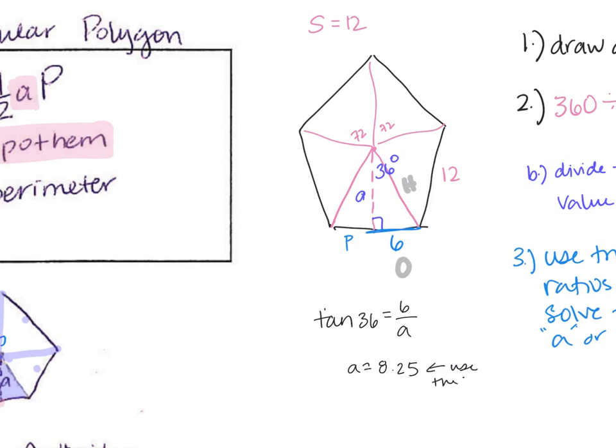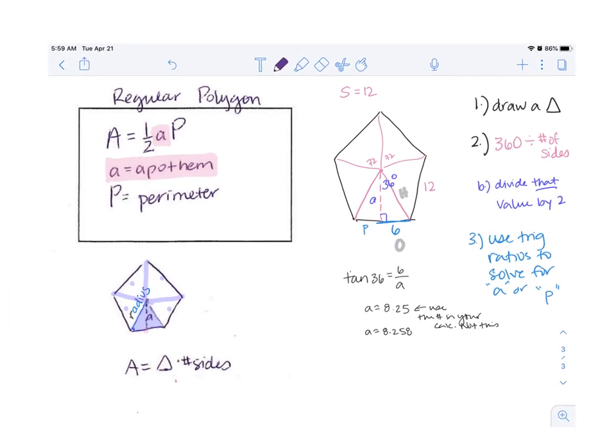Use the number in your calculator, not this. If you're not going to use the number in your calculator, I'm going to ask that you round it, that you write it to 3 decimal places and use 8.258.